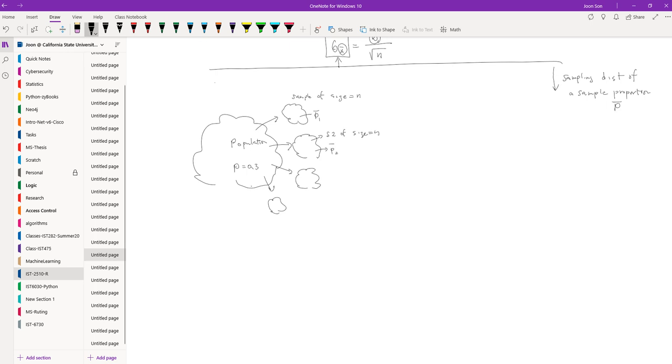Then you get another sample, and another. You do this an infinite number of times, and every time you get a sample, you calculate the sample proportion. That's why you use the bar.